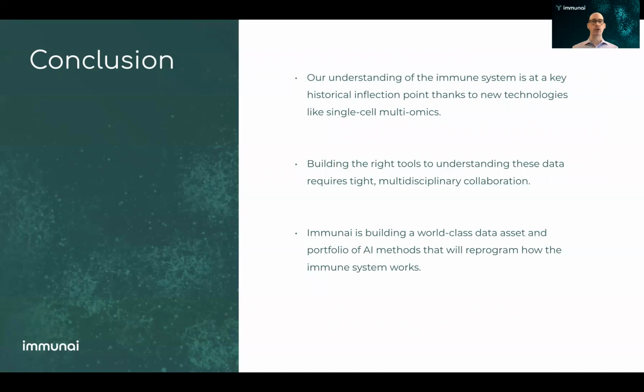But understanding all the data thrown off by these new technologies requires really tight, really multidisciplinary collaboration. It's not something that AI can do by itself, I promise you. And I would love it if that were the case, but it's not. Right? And so when we think about what we can do at Immunai, we're building a world-class data asset to help answer some of these questions and a portfolio of AI methods that will help us learn how to reprogram the immune system.